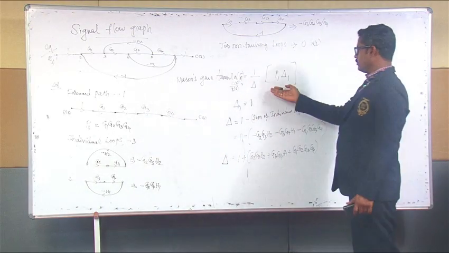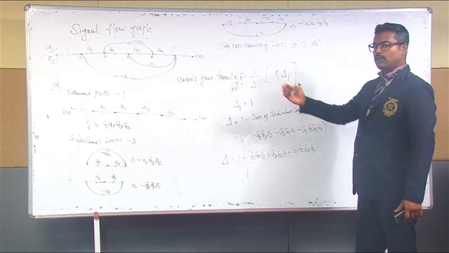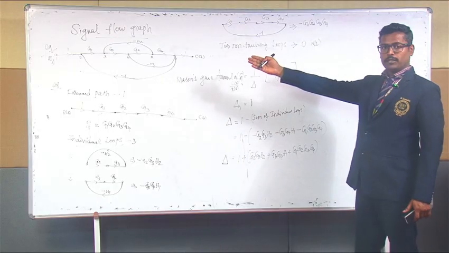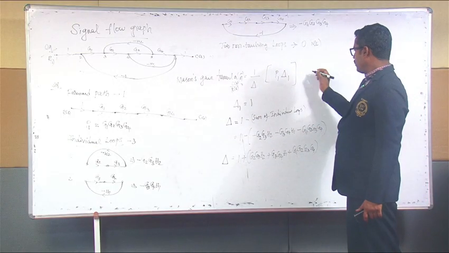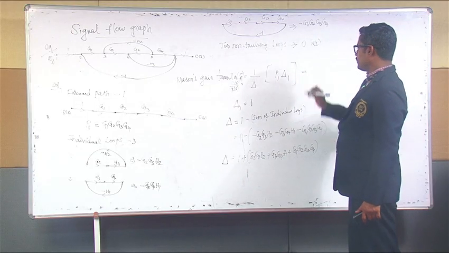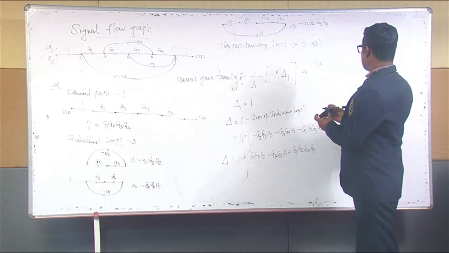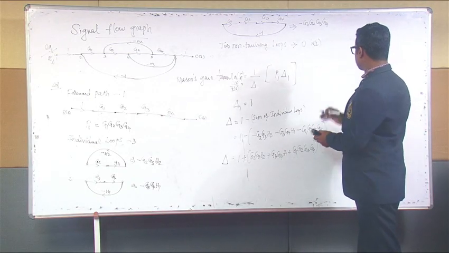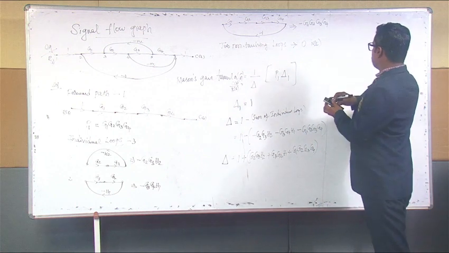So now we can use this Mason's gain formula and get the C of S by R of S equation for this particular given signal flow graph. So substitute here.